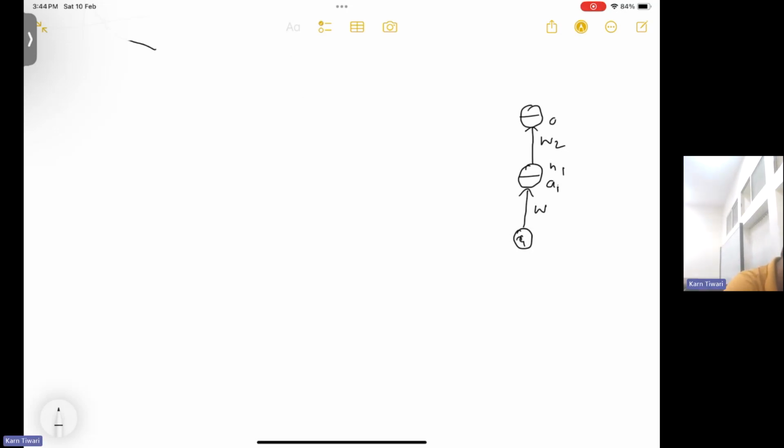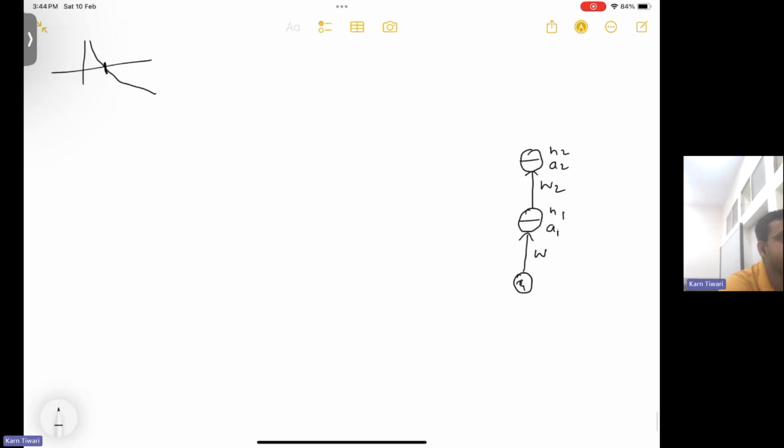Again we have A2, h2. And the last thing we have is y hat, so it's A3, and after that we apply an activation. For classification it can be sigmoid, and for regression you don't need to apply the activation.